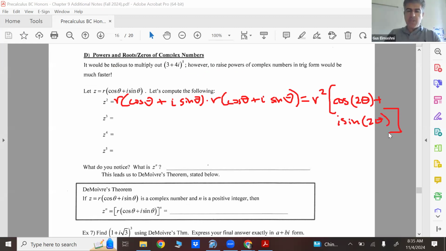Okay, now for z cubed, we gathered that's the same thing as z squared times z.